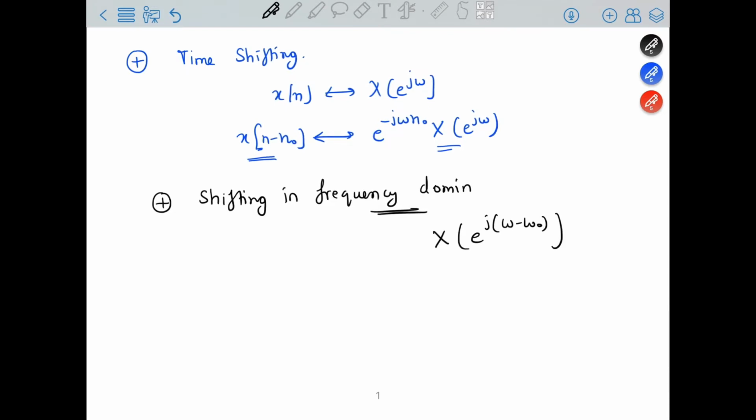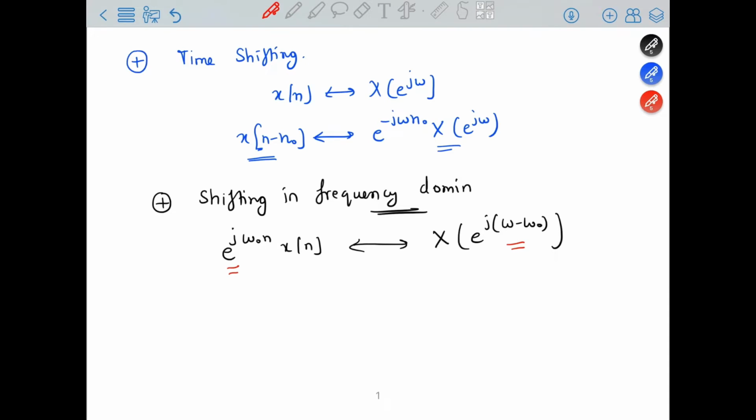Here we have shifted the signal in the frequency domain, and that is equivalent to having a factor e raised to the power j omega naught n multiplied with x[n]. You have to be careful with the sign. Here, if we did n minus n naught, we get a factor of e raised to the power minus j omega n naught, and if we did the shifting in the frequency domain, we get a factor which is represented as e raised to the power j omega naught n.